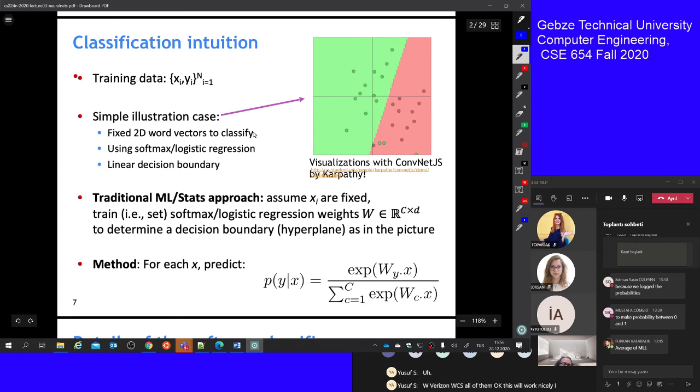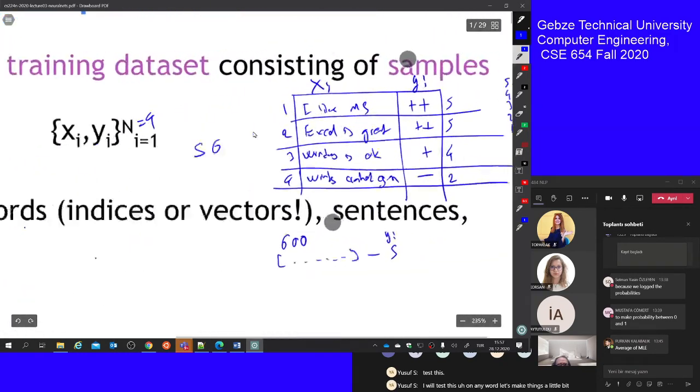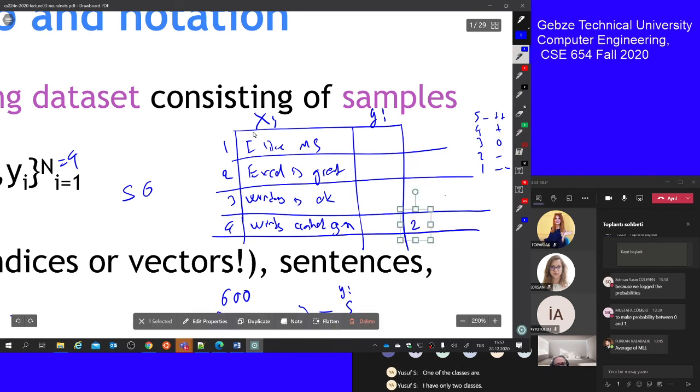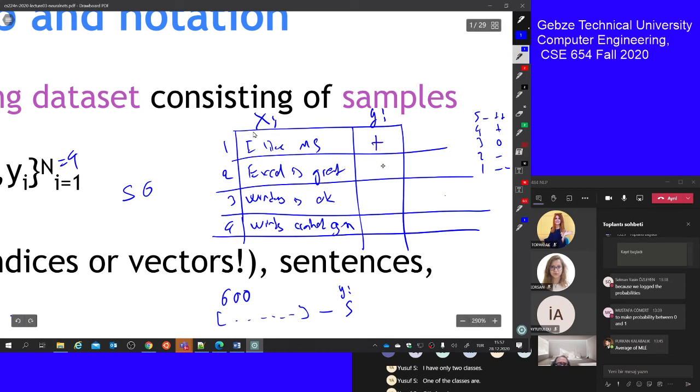I will test this on any word. Let's make things a little bit simpler. Let's say I have only two classes. One of the classes is plus, like "Excel is great" or "Windows is okay", and the other is negative, like "Windows crashed again".